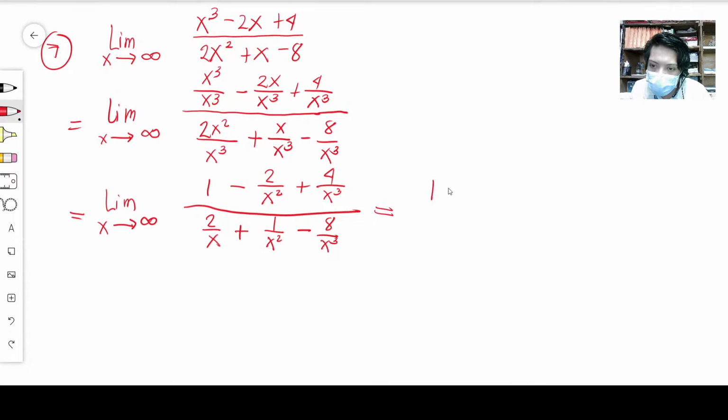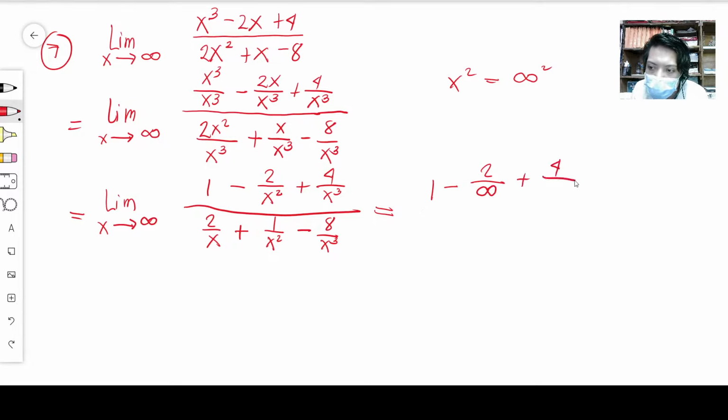1 minus 2 over infinity squared, right? And x squared, when x is infinity, this is infinity squared. Meaning, a very large number multiplied by another large number. Of course, the result is another large number. So infinity squared is actually just infinity.